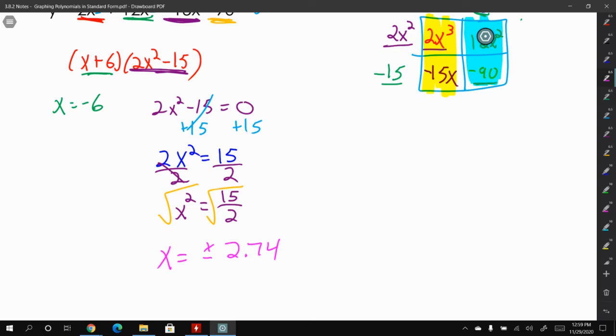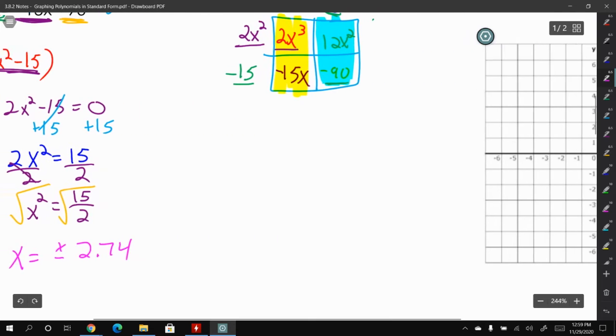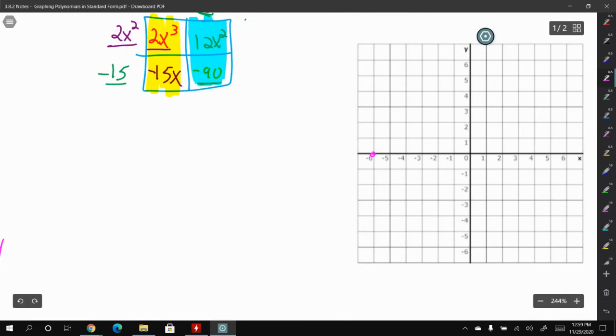So we have 3 zeros. We have negative 6, we have negative 2.74, and positive 2.74. So let's plot those. Negative 6, negative 2.74.